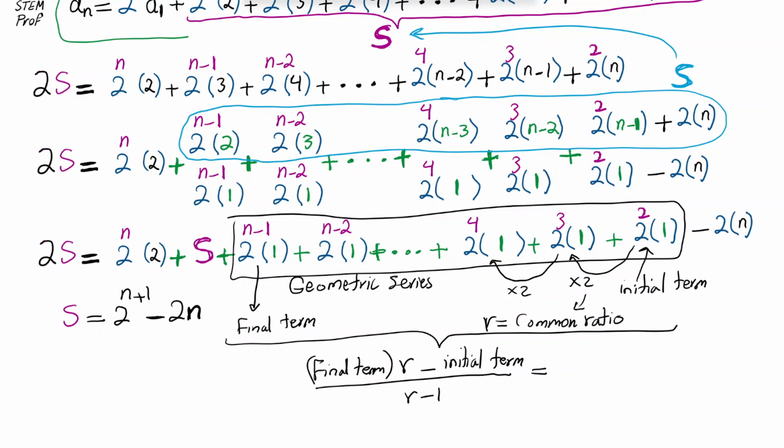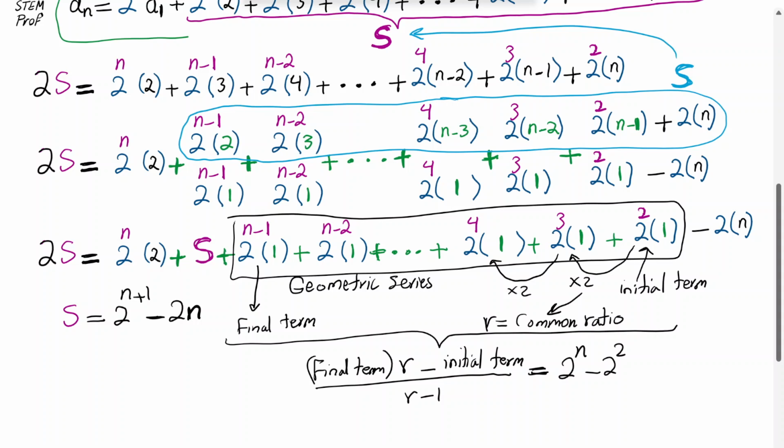So in this case, if you compute that, obviously the denominator r minus 1 is just 2 minus 1 because the common ratio is 2, and therefore we don't write the denominator anymore. The numerator is the final term times r, which is 2 to the n minus 1 times 2, which is 2 to the n. And then the initial term is 2 to the 2. So it's just minus 2 to the 2.